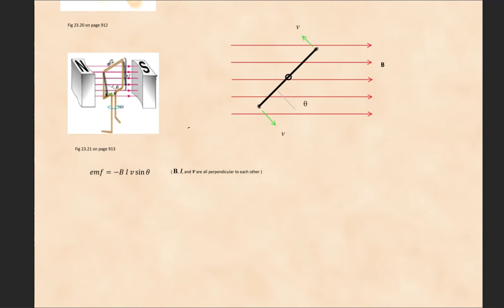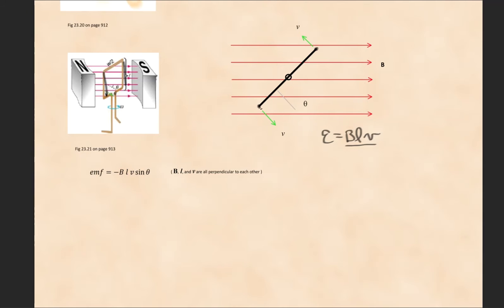Remember earlier we derived the relationship that the EMF was equal to BLV, but the requirement was that all of these be perpendicular to each other, particularly that the velocity and the magnetic field be perpendicular to each other.